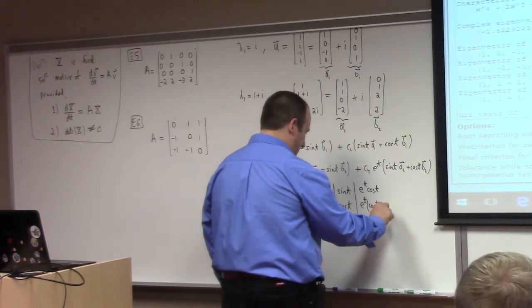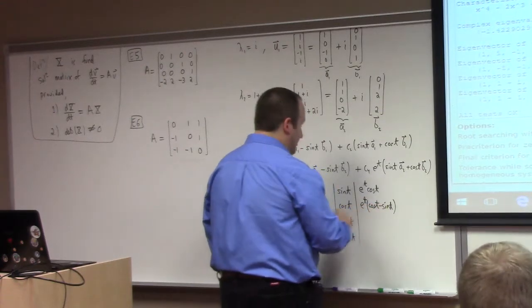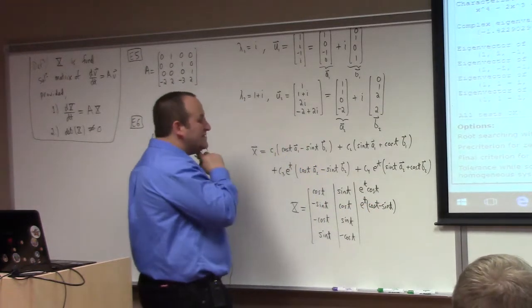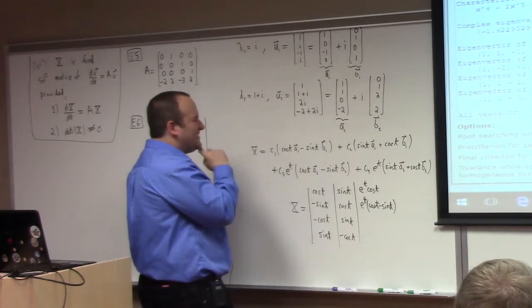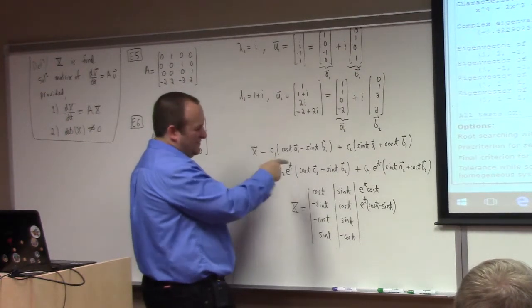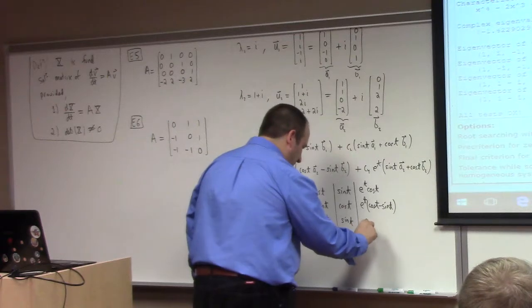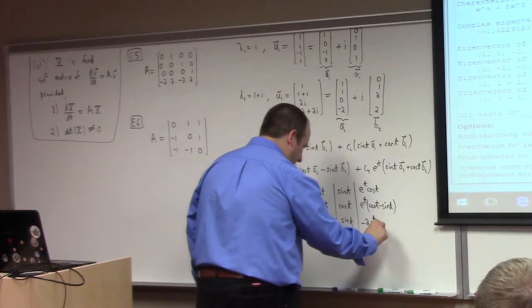So minus sine t here. What's the third component? 0 cosines. I get 2 sines, but it's a minus 2 e to the t sine t.